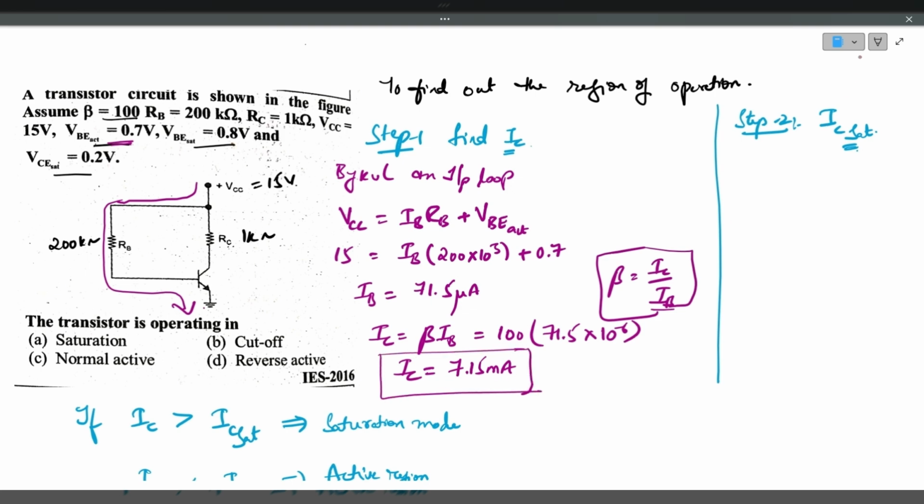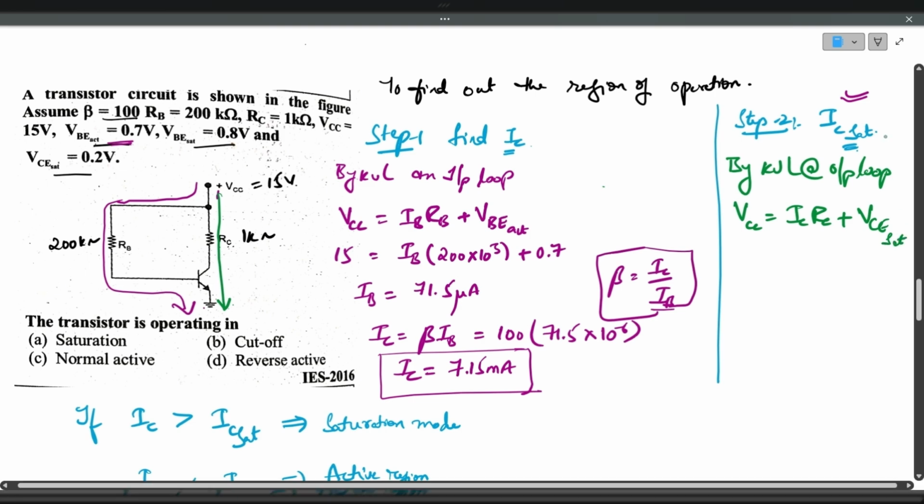Now we need to find out IC saturation. For the saturation current, you have to apply KVL in the output loop. By KVL in the output loop, you get VCC is equal to IC RC plus VCE saturation, because we are calculating the saturation current.